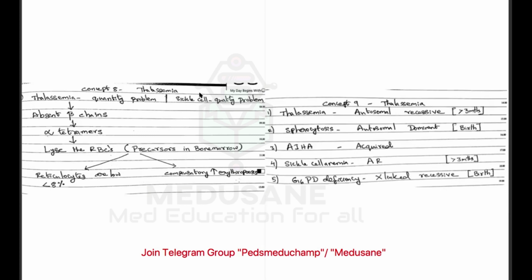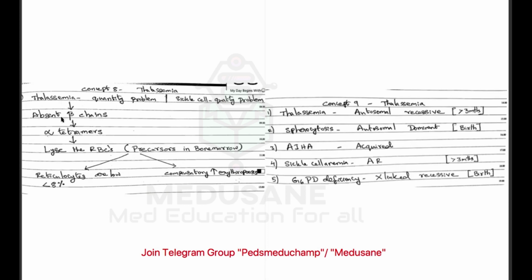Whereas in sickle cell, you will have the normal number of chains, but just the beta chains are mutated. Instead of beta, we call that as hemoglobin S. It is mutated. So it is a problem of the quality in sickle cell, whereas it is a problem of the quantity in thalassemia.